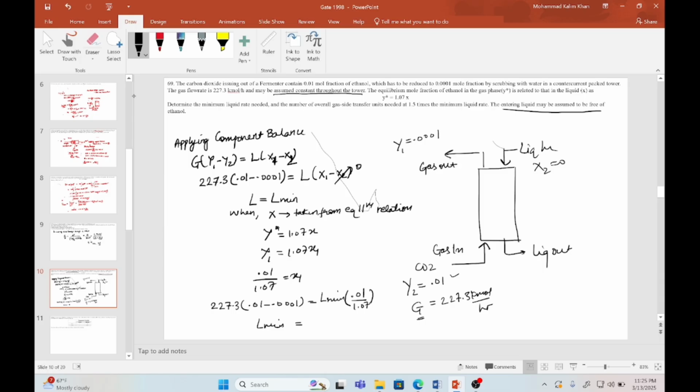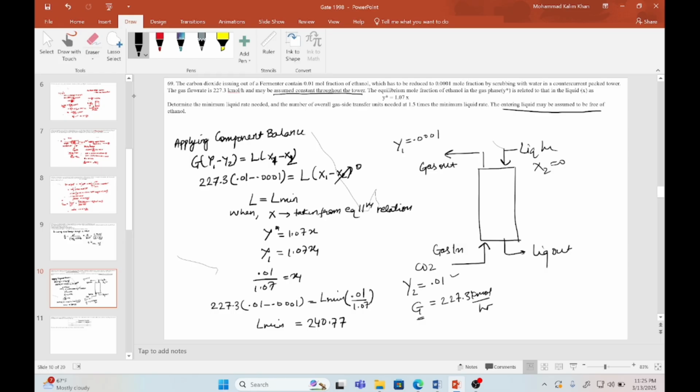Let's calculate: (0.01 minus 0.0001) into 227.3 into 1.07 divided by 0.01 gives 240.77, the same unit as Gs.